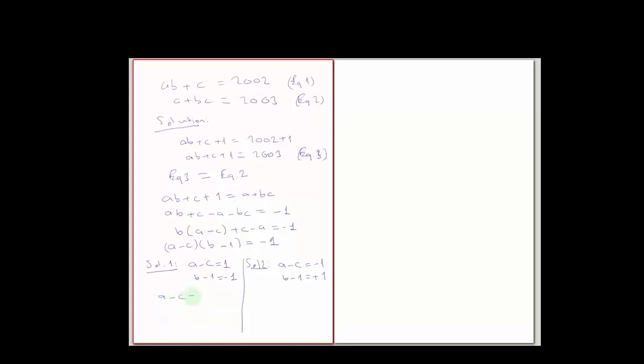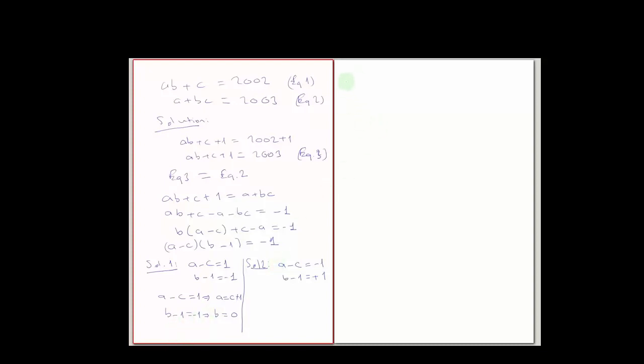If A minus C is equal to 1, then A is equal to C plus 1, right? And if B minus 1 is equal to minus 1, then B is equal to 0.